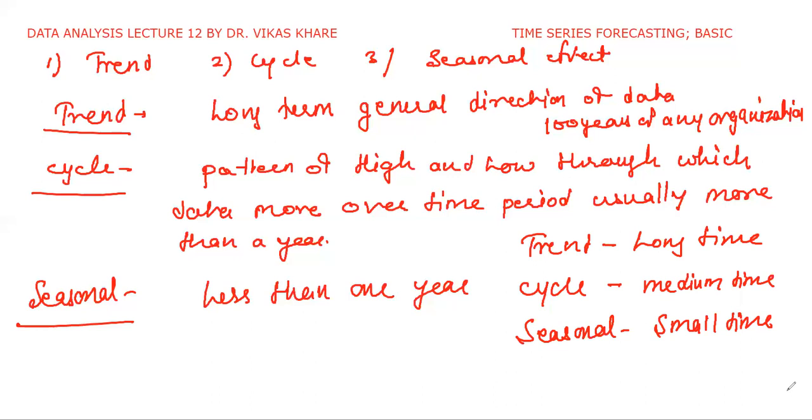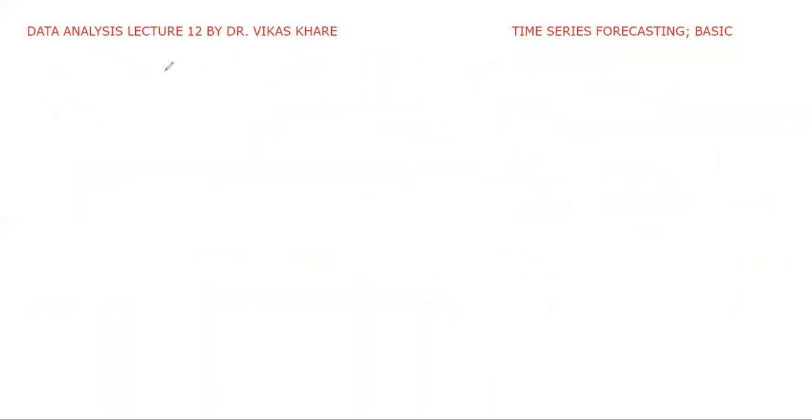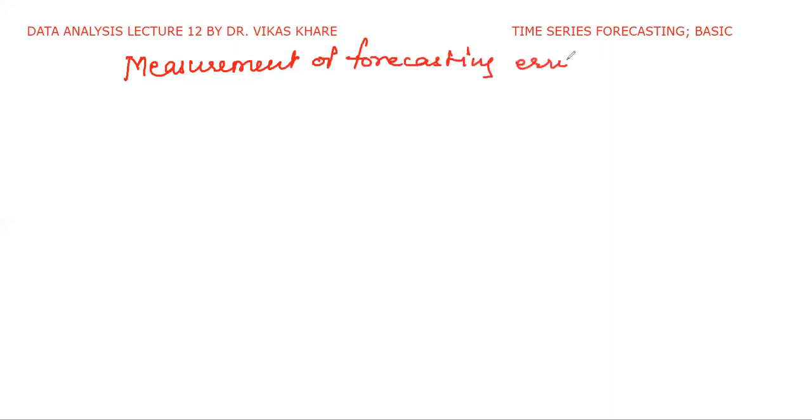When we identify or predict a future value, a number of errors occur. This is called the measurement of forecasting error. Forecasting error is classified into a number of types.